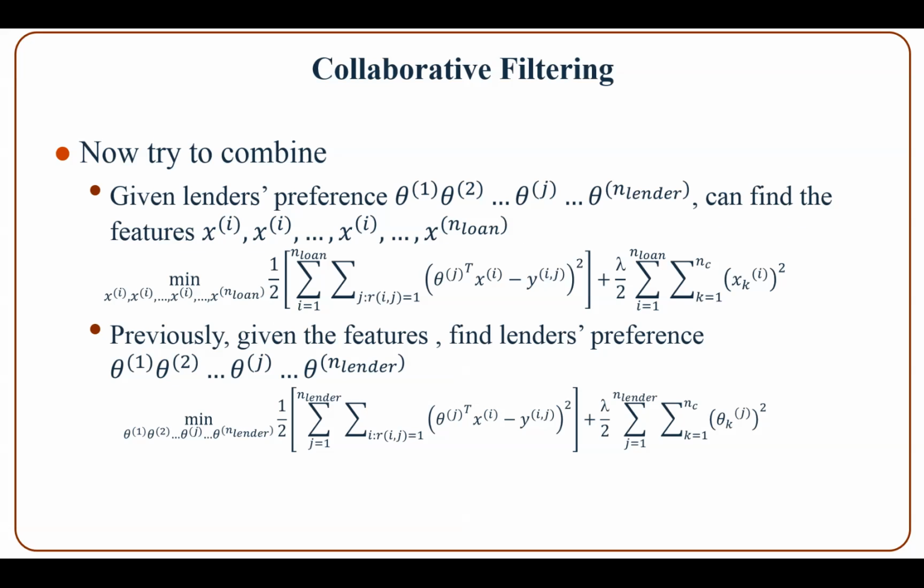So given the lender's preference, which are theta 1 for lender 1, theta 2 for lender 2, etc. Theta n lender for the lender n lender. We can find the features x1, x2, etc. up to xn loan by minimizing this objective function.